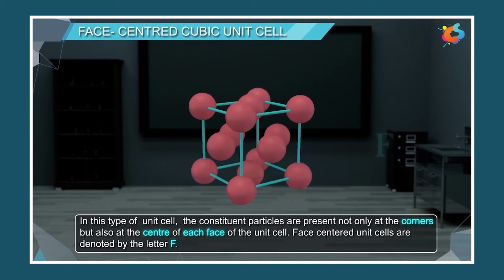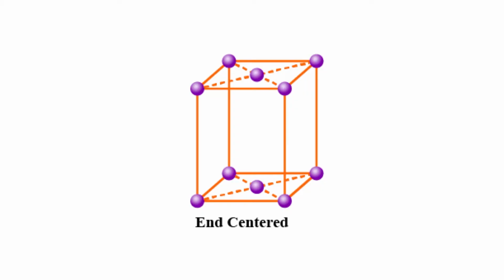It is denoted by the letter F. Lastly, we have the end centered unit cell. When the constituent particles are present at the center of two opposite faces in addition to the particles present at the corner positions, it is known as an end centered unit cell. It is denoted by the letter C.